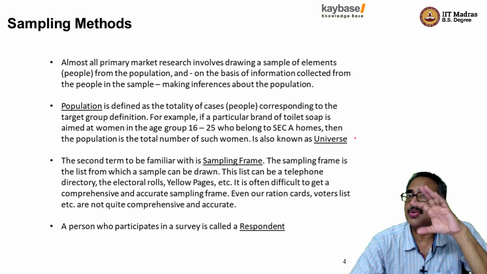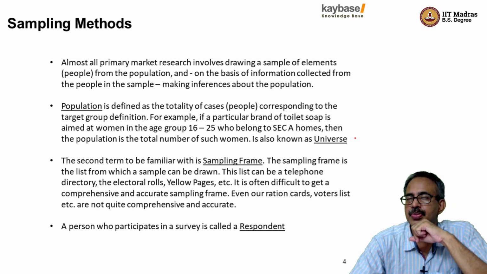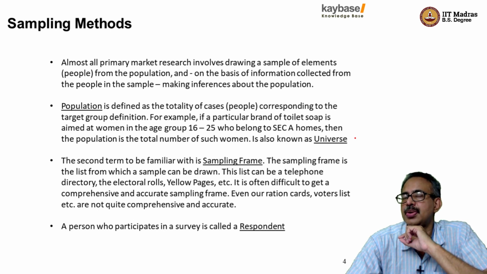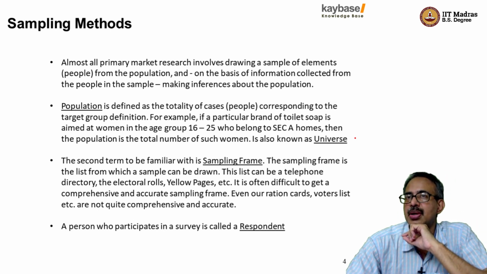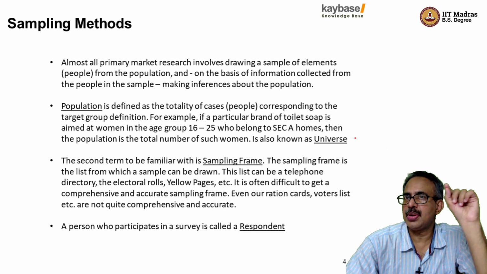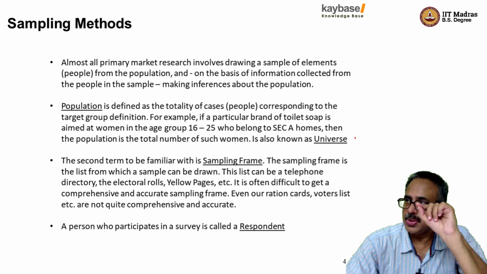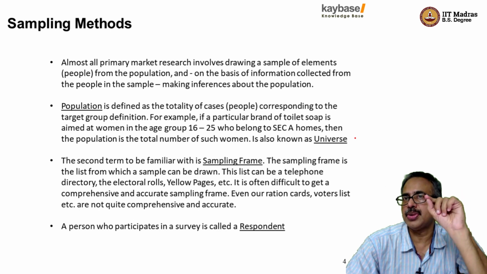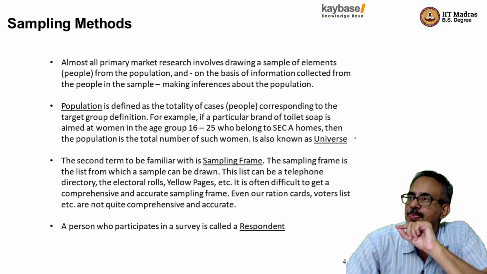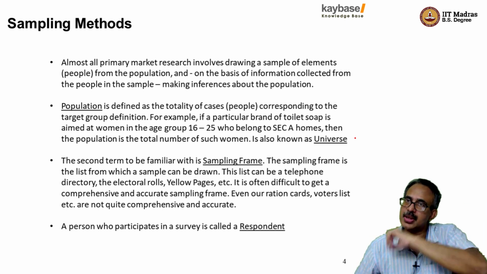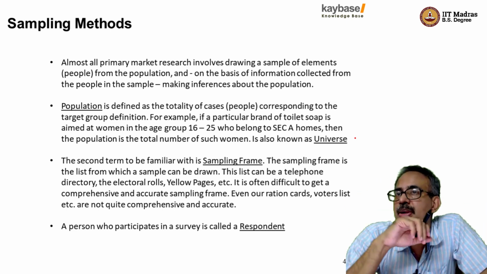But if you really want to control the proper sampling method, you should ideally have a list of all such Xerox shops. You should have an address which says door number 23, first floor, so and so commercial complex, SV Road, Goregaon West, Mumbai 400062. You need something like that. If you have a comprehensive such list, then from that list you can take a sample. That list would be called the sampling frame.